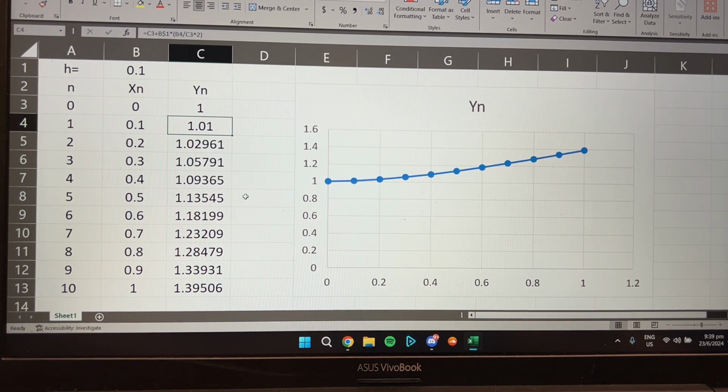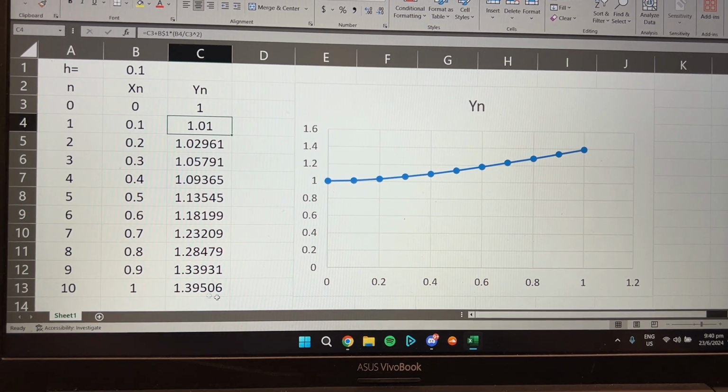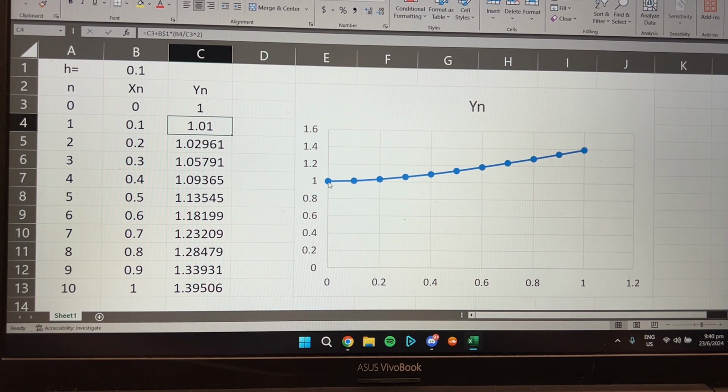In the formula, yn equals yn minus 1 plus h f(x, y), which is our main formula. Then we can just drag down this small column and it will auto-fill. So for x equals 1, our approximate value will be 1.39506, and here's a graph to show.